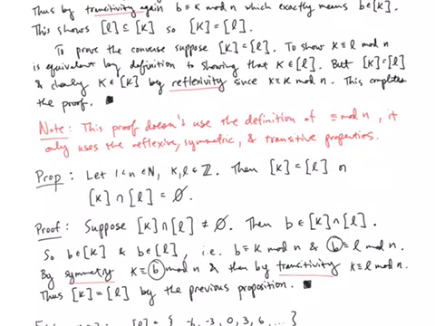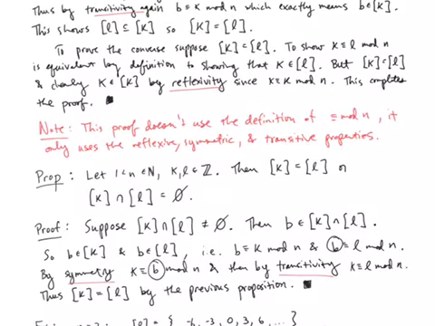Okay, so basically in these last two propositions that we've proved, we've shown that if you're looking at equivalence classes of integers, the equivalence class of k and the equivalence class of l, then there's a dichotomy between them. They're either exactly equal or they're completely disjoint. Disjoint just means that their intersection is the empty set.